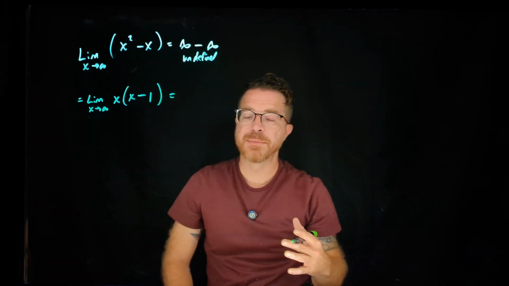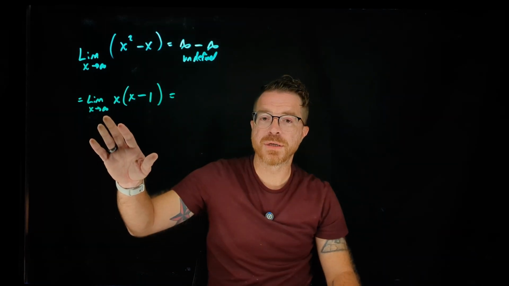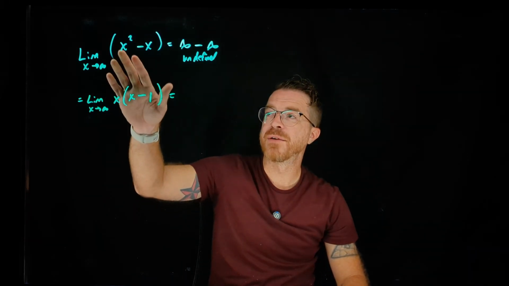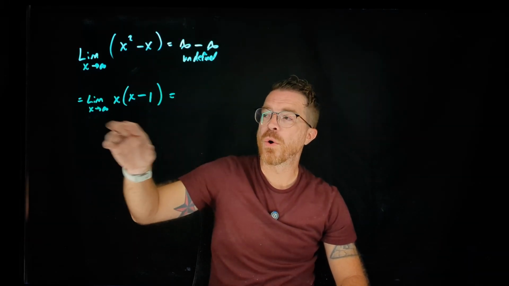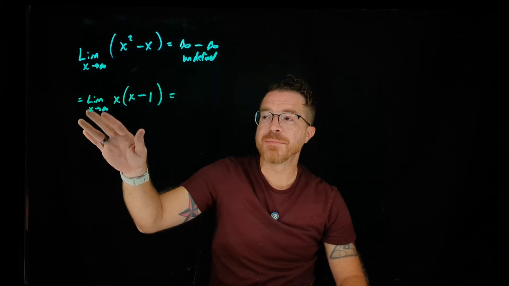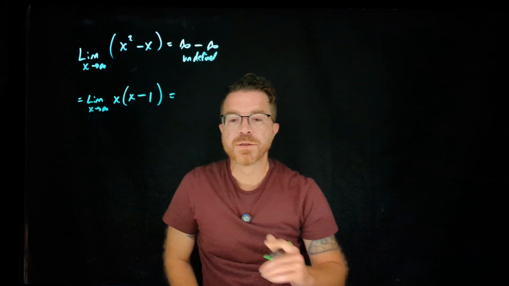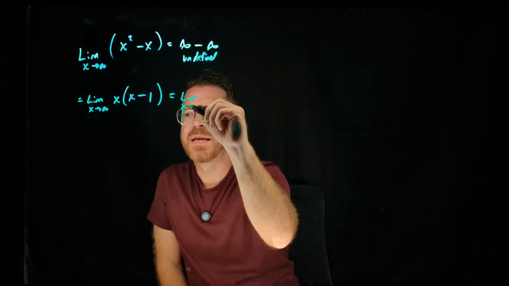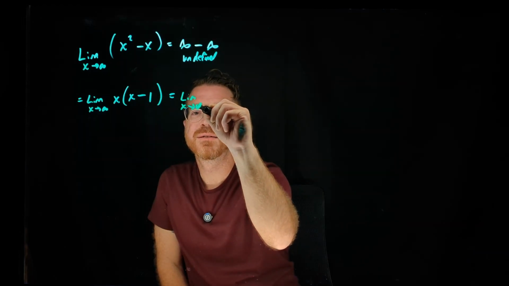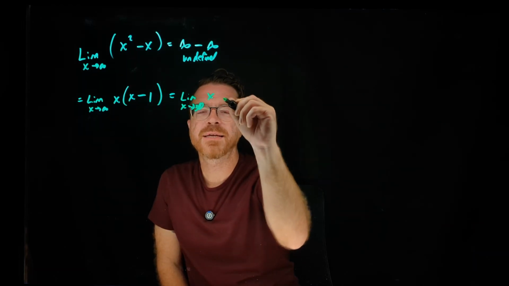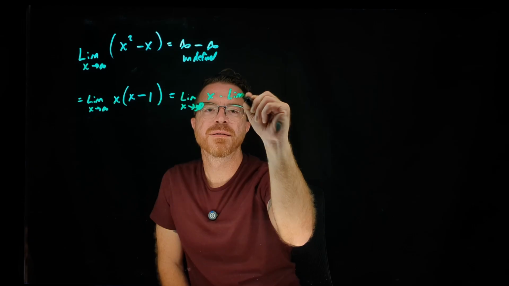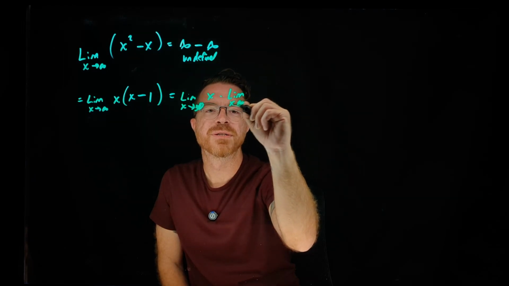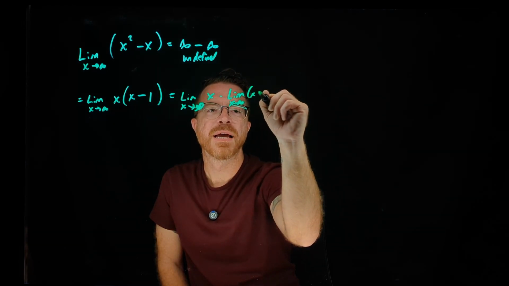Now if I were to take this limit, which again I still can by my rules of limits, I could take the limit of x squared minus the limit of x, or I could take the limit of x times the limit of x minus 1. So I'm going to get the limit as x approaches infinity, x times the limit as x approaches infinity, x minus 1.